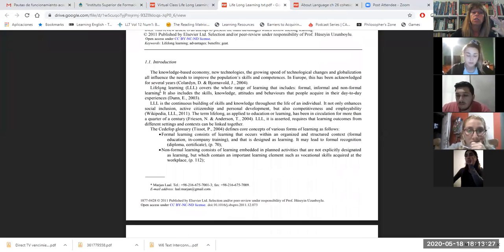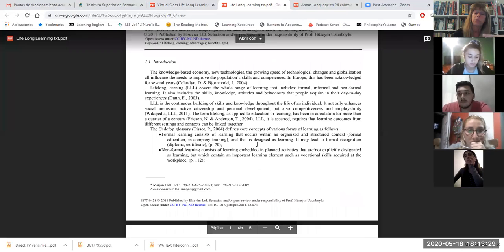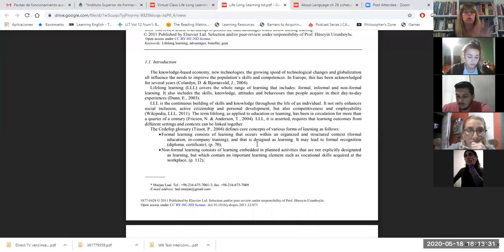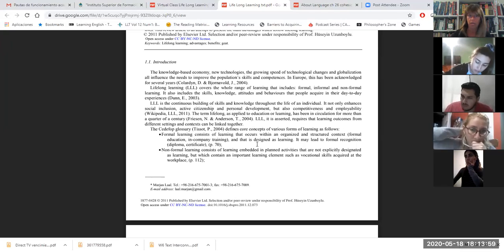The introduction is where the topic is going to be presented. The author is going to state his or her thesis, the same as in an essay, right? So in the introduction, there is a kind of state of the art, perhaps, and generally we are going to find the author's statement, the author's thesis, the author's stance, or also the purpose of the article, okay?